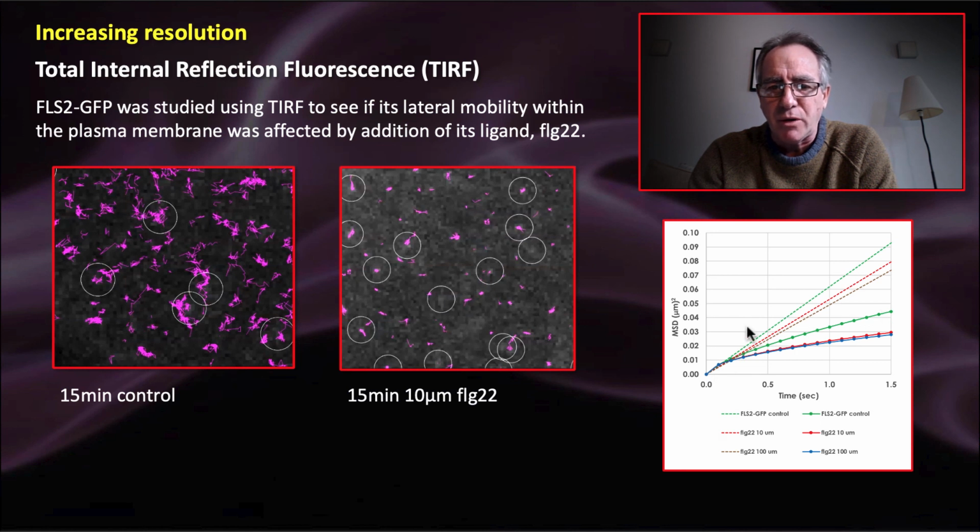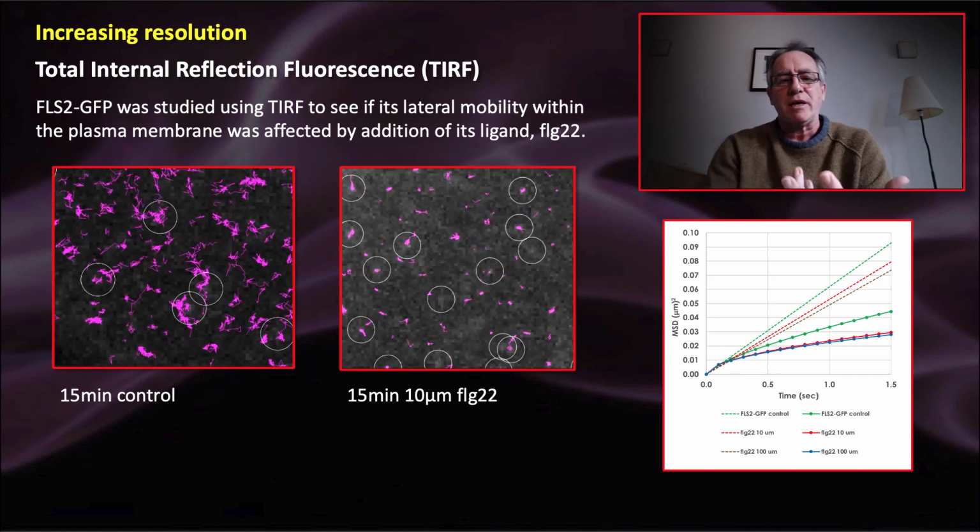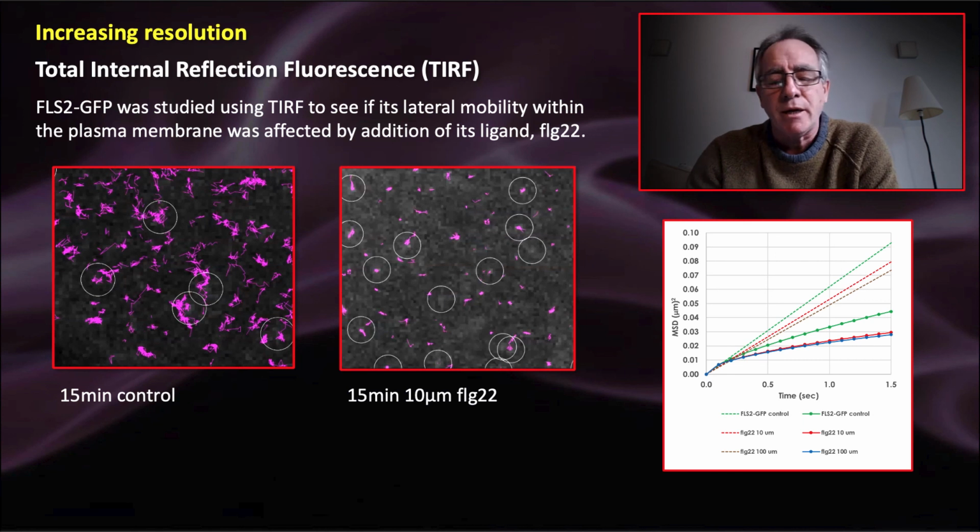I'm not going to explain this MSD calculation. And when we add the flagellin 22, this was 10 micromolar in the movie I'm showing you, the movement of the protein very significantly slowed down. So as soon as the receptor binds the flagellin, something happens to it in the plasma membrane. And we're continuing with that research now.